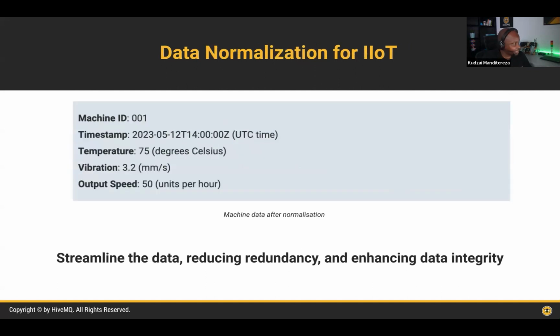Now, data transformation. Okay, so data normalization is what we're going to look at next. When we talk about data normalization, what we mean is that in any system, there are different conventions for things like time. Some device might be representing time not in UTC format, but in some local time.